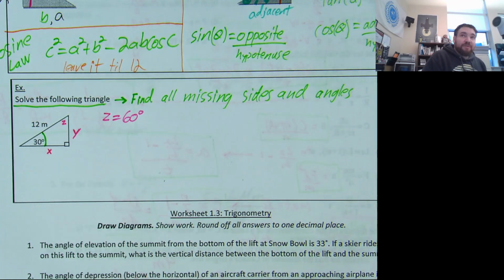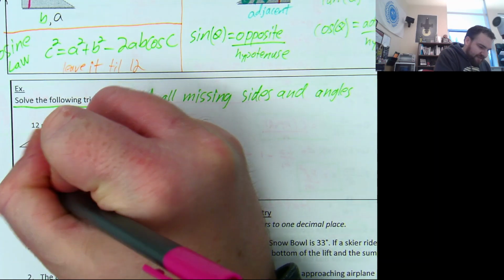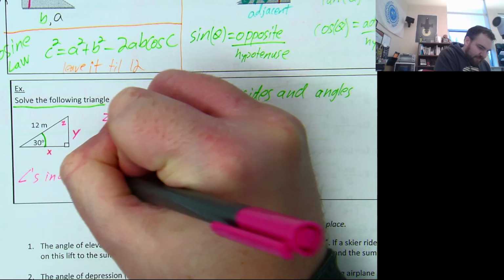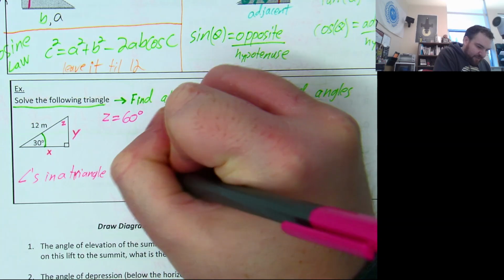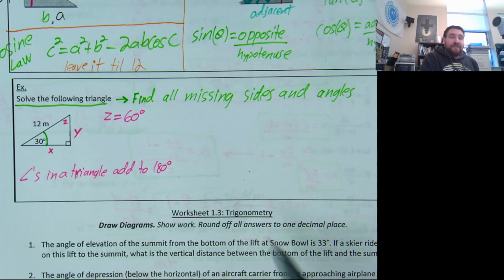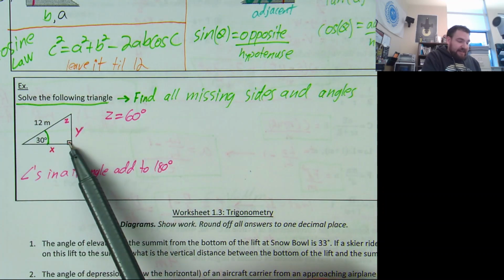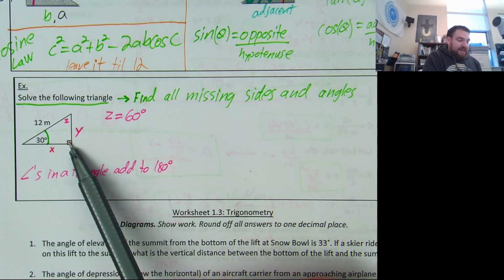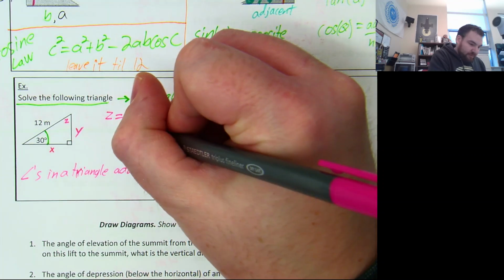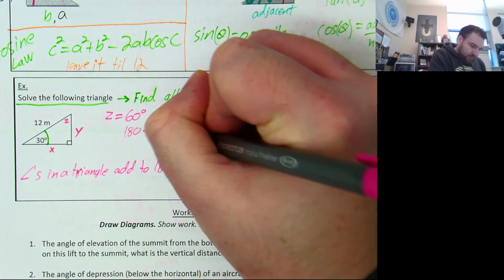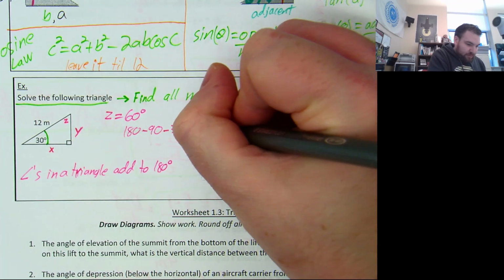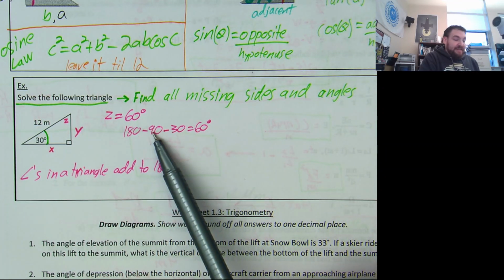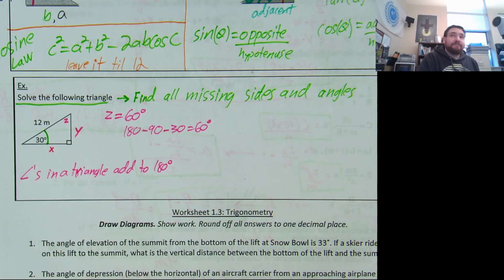So here's one of the relationships we're going to use. Angles in a triangle add to 180 degrees. So if they add to 180 degrees, that's 90, that's 30. So 180 minus 90 is 90, and then 90 minus 30 is 60, and we're done.